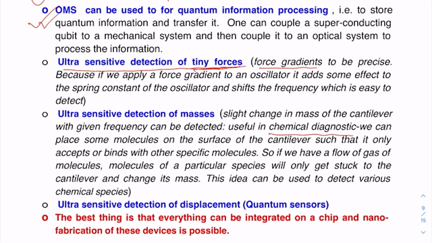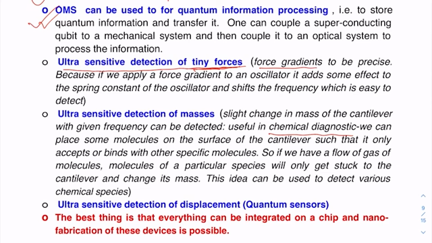So what I want to say now is that the primary advantages of optomechanical platforms over the others are due to the small size, high quality factor, and because it has high quality factor, information can be stored for a very long amount of time, and its integrability to various other systems, as I explained earlier.